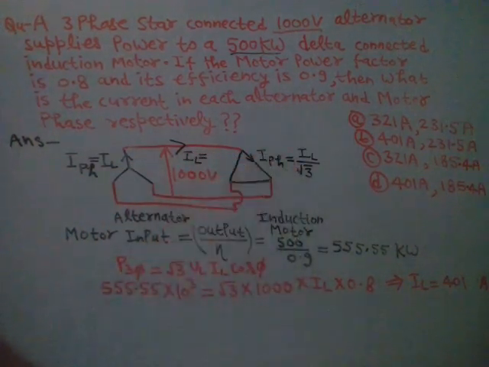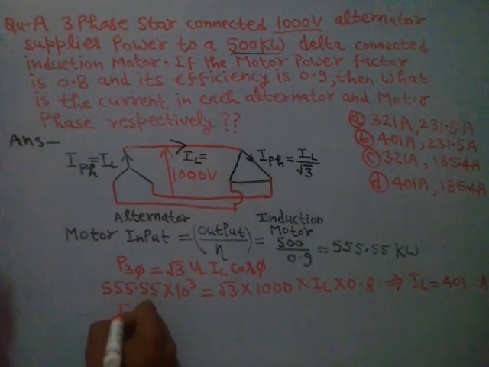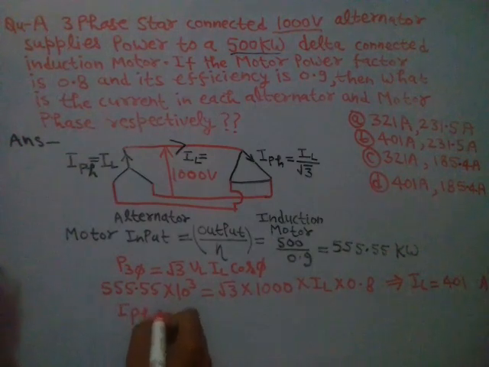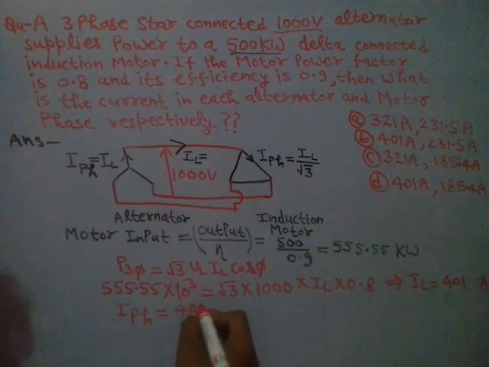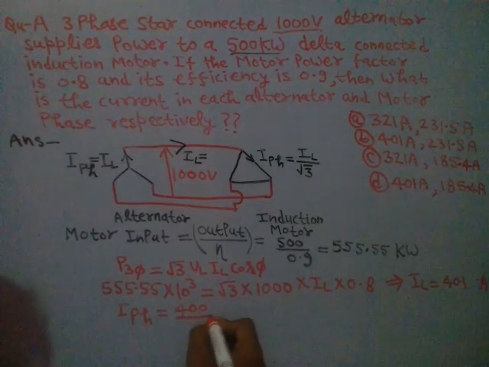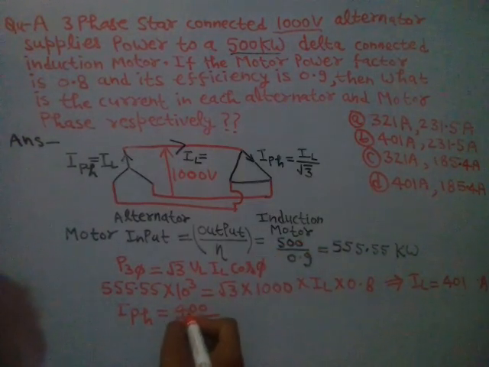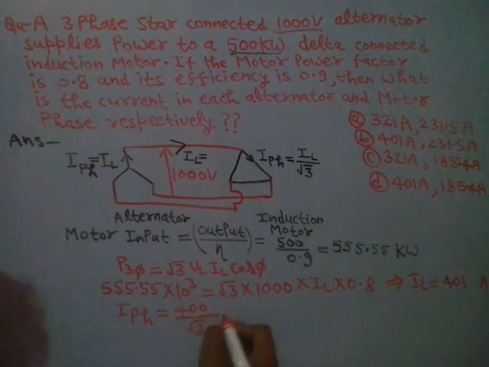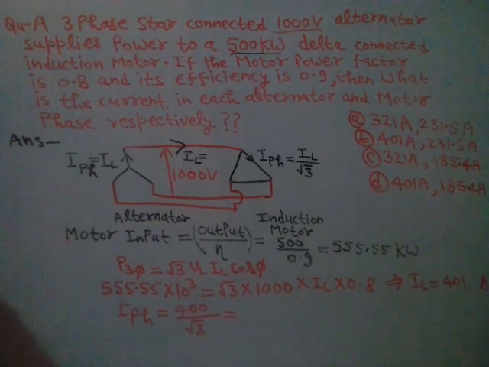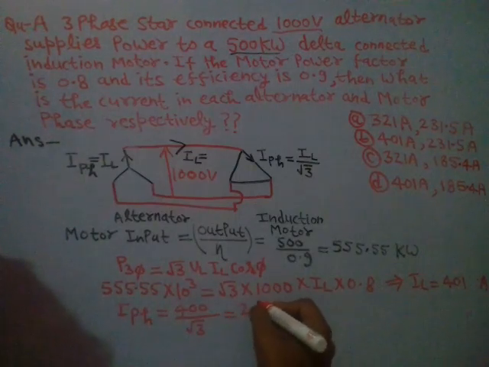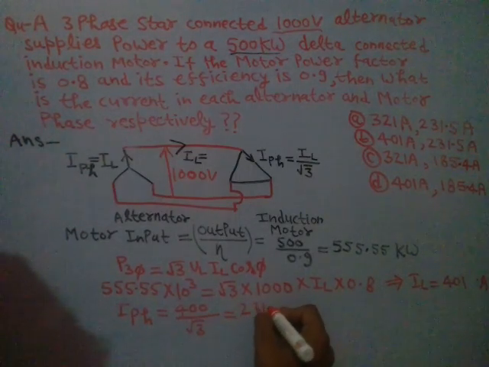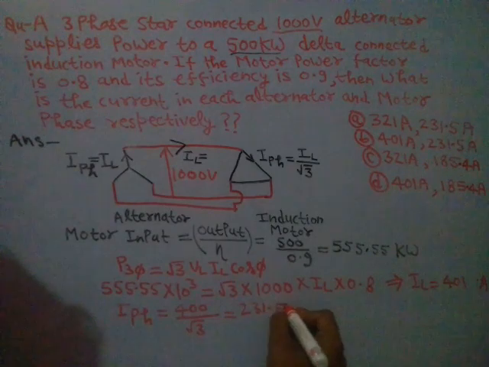Now we can calculate the phase current. For delta connection, phase current is line current divided by root 3. So 400 ampere is the line current, and dividing by root 3 will give the phase current, which comes out to be equal to 231.5 ampere.